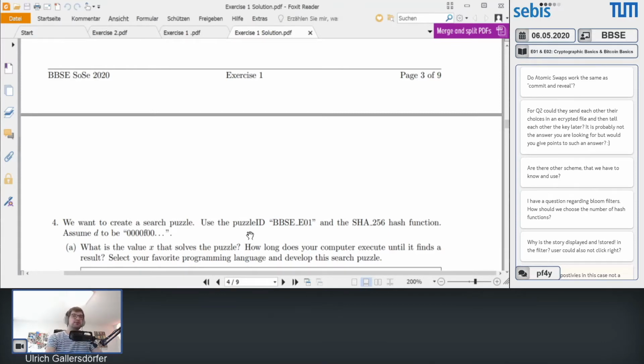We want to create a search puzzle, use the puzzle ID BBSE E01 and the SHA-256 hash function, assume D to be 000F00. What is the value x that solves the puzzle? How long does your computer execute until it finds a result? Select your favorite programming language and develop this search puzzle.